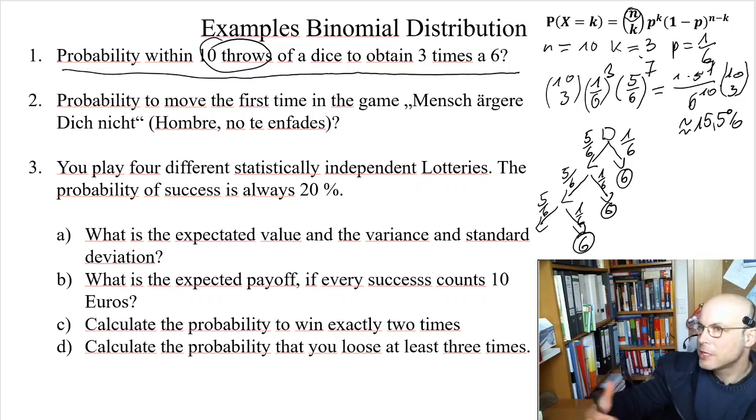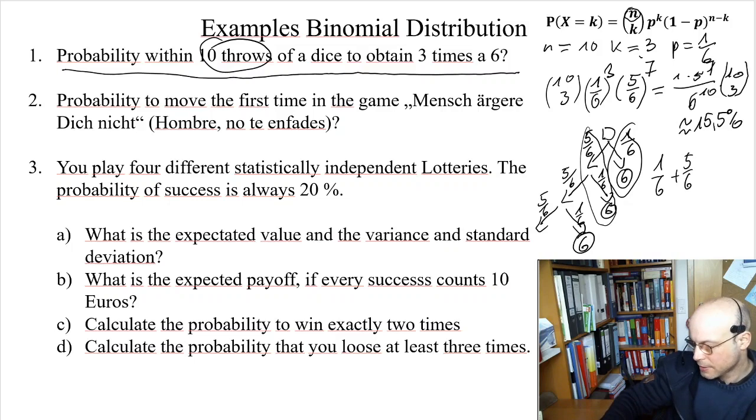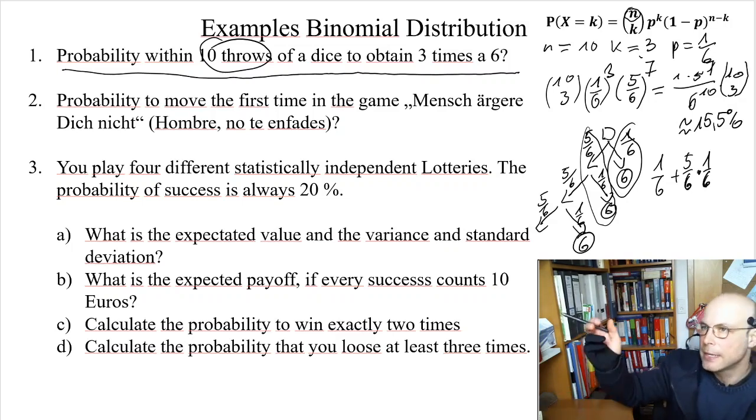And then we just have to sum up all these probabilities. The first event is 1/6. The second possibility to have a 6 is this part of the tree, so plus 5/6 times 1/6. Remember, we can just multiply these probabilities because our events, rolling the dice the first time and rolling the dice the second time, are independent.